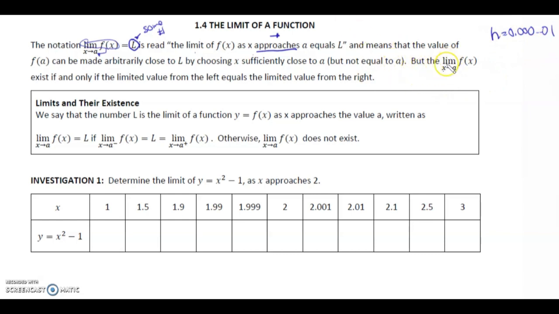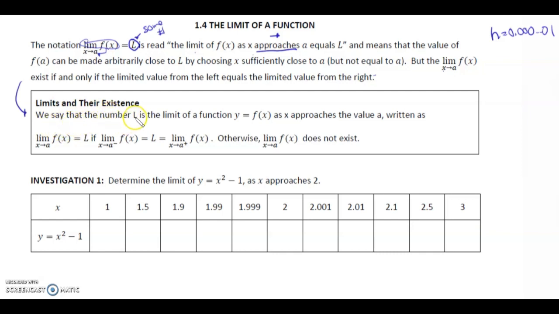The limit as x approaches a of f of x exists if and only if the limit value from the left equals the limit value from the right. I'm going to go over what this means both algebraically and graphically. Here is a formal definition of limits and their existence.